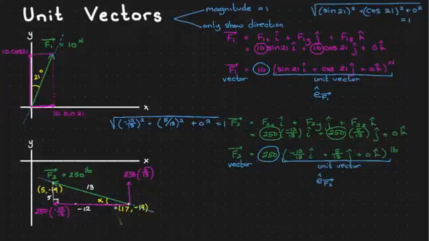Let's use the sine definition. According to the definition of sine, sine alpha, by definition, is opposite over hypotenuse. Opposite is 5. The hypotenuse is 13. So therefore alpha is just the arc sine of 5/13, and you plug this in your calculator.